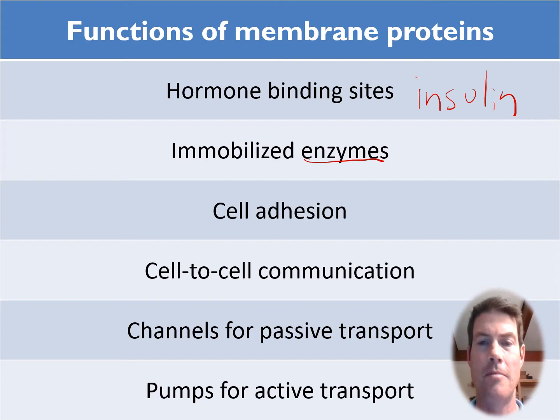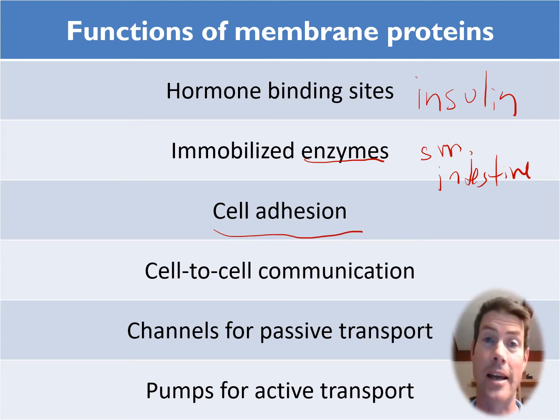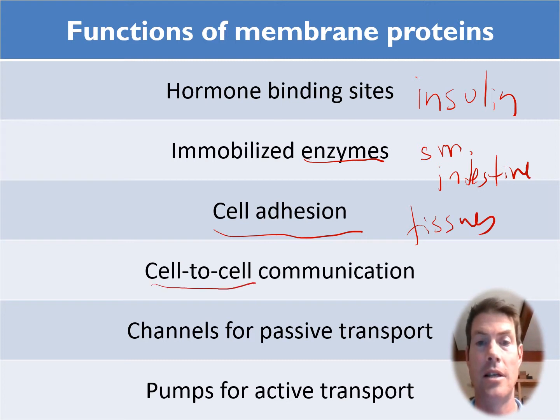Enzymes can be stuck on the membrane, so they can work, and your small intestine has a lot of these to digest your food. Cell adhesion. Cells need to stick together, just like IB students. And in all your tissues and your organs, where they rely on that cell-to-cell communication. Cells can basically talk to each other.